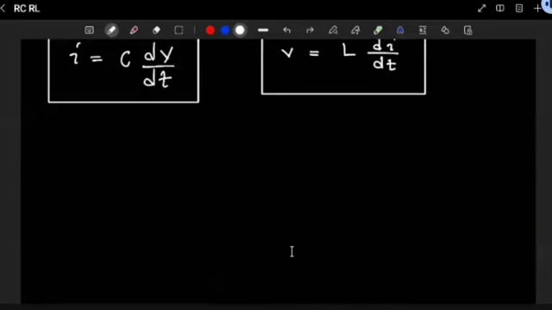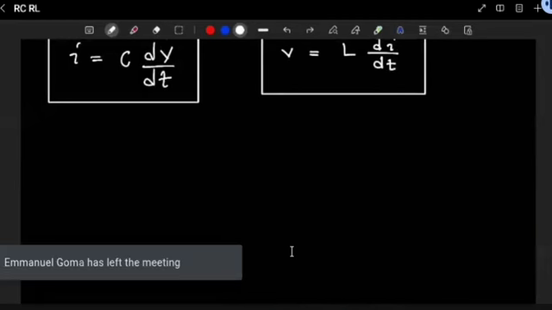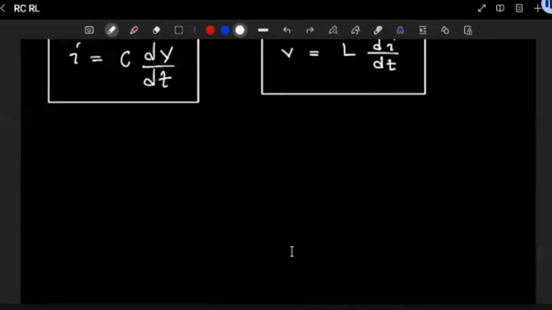Okay, so in a resistor capacitor circuit, when you only have resistors and a capacitor, no other source, the response that you get from a capacitor is in terms of the voltage. We call that the natural response. It is given by v(t) equals V0 e to the minus t over tau.